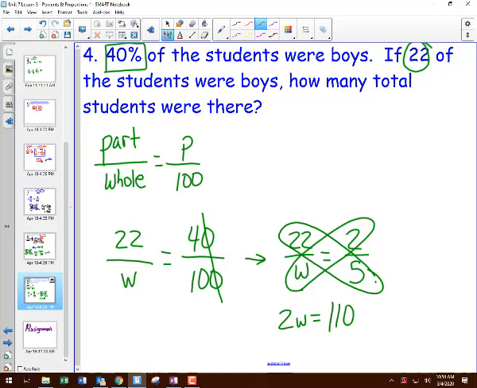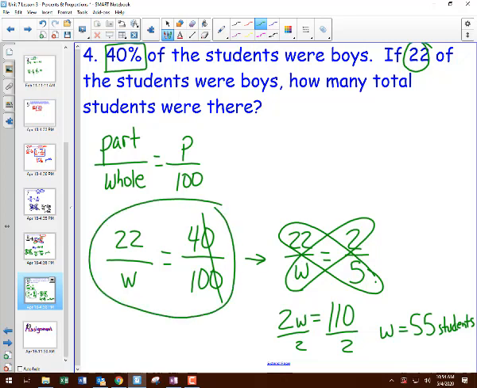So, isolating the variable, we'll divide both sides by 2 to get W equals 55. All right, what are we talking here? We're talking students. If I wanted to check myself, I'd plug everything back into my initial proportion and try cross products again.